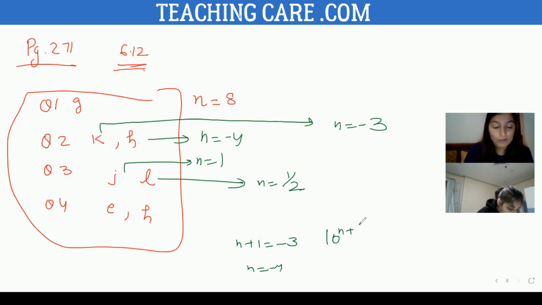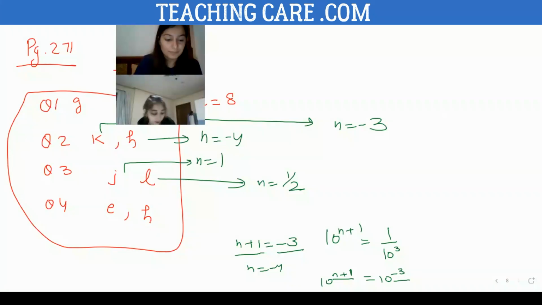When you solve 1 by 1000, it is 1 by 10 cube, which can be written as 10 raised to power -3, isn't it? Yes. So we will compare the powers. n plus 1 equal to -3, n will be -3 -1, which is -4. Sure? Okay.